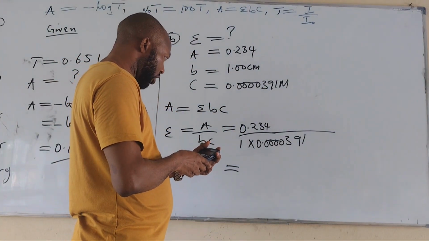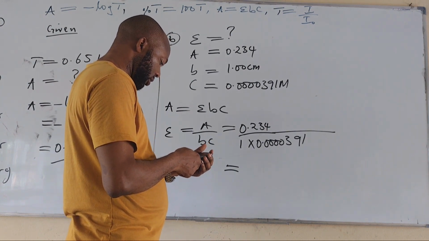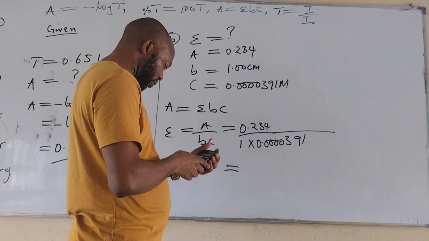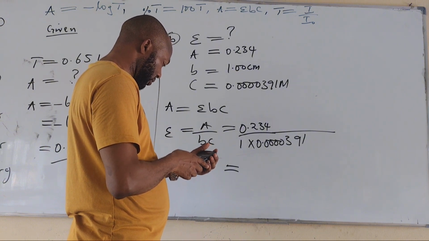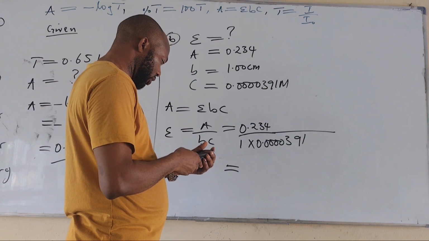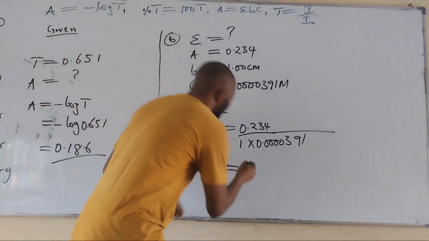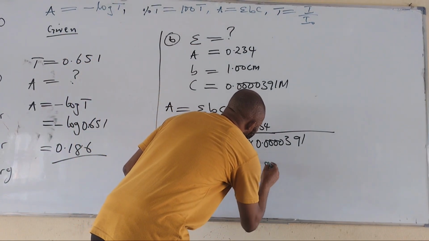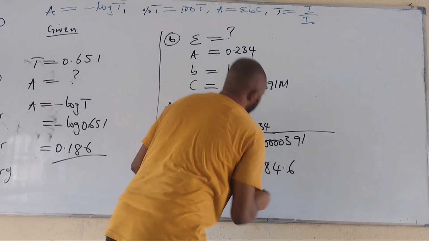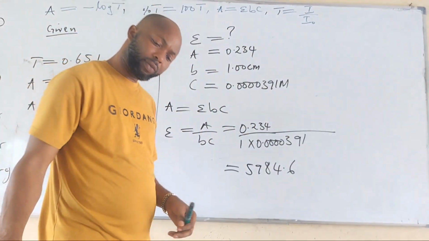so 0.234 divided by 0.0000391 is equal to 5984.6. So that's that.